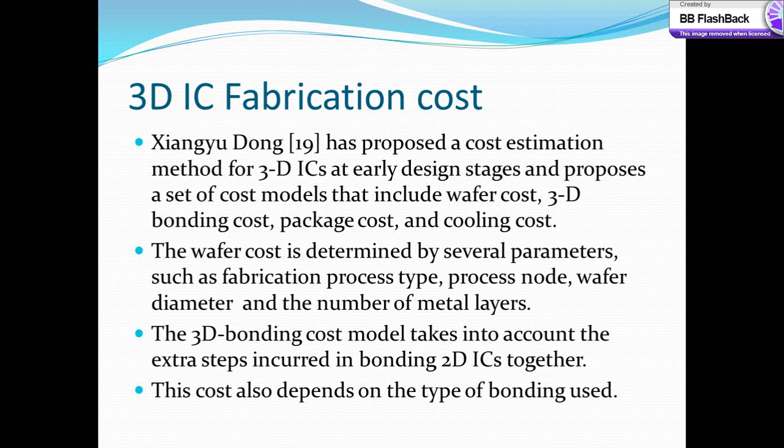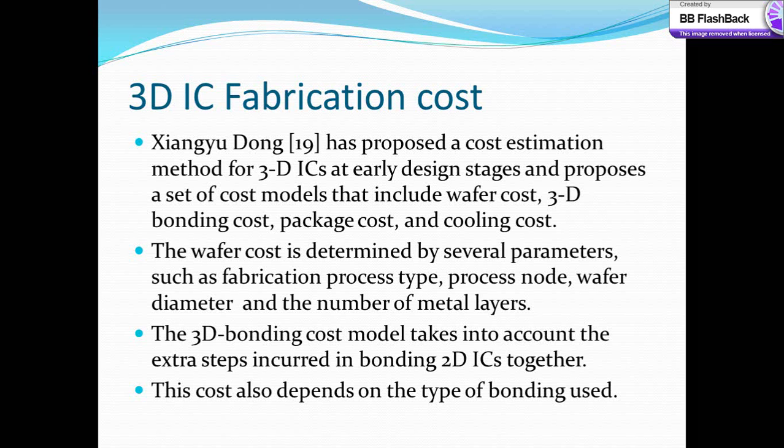Like the wafer cost might be a little bit higher because it also depends on what type of process node we use, what size of wafer we use, and also the number of layers we have. And then the bonding cost is a little bit higher because in this case we have to consider the cost for bonding different layers of the 3D chip together. So that's an added cost.